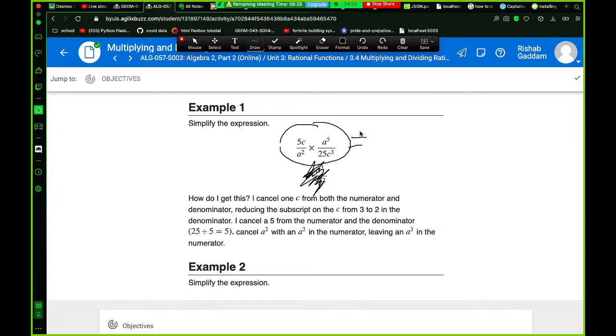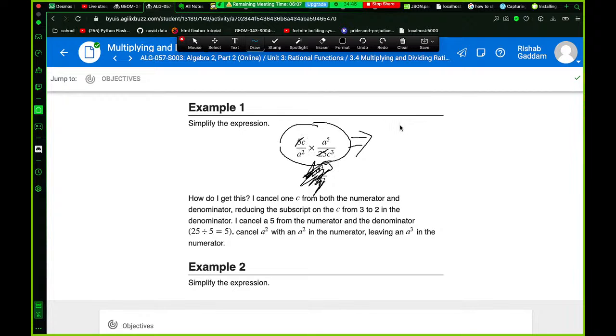So basically, the first thing we're going to do is look for common things. Over here they have 5 and they have 25 over here. 25 divided by 5 is 5, so we have 5 over here and we have a 1 over here.